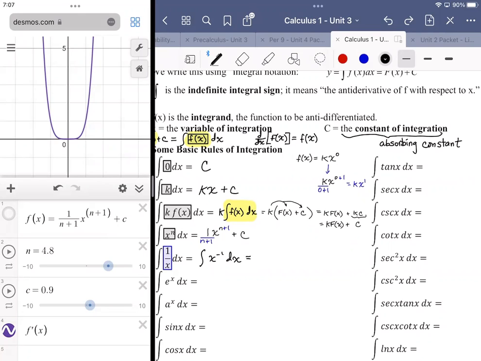So if I were to say the antiderivative of 1 over, well, in this case, 1 over x, I would be increasing the exponent by 1. That would get me to an x to the 0th, but then I divide by that new power. I'm going to get 0 in the bottom of the fraction. Right? It makes it undefined. Right? So, I mean, I could try to put undefined in here. I'd have to slide my slider to a -1.